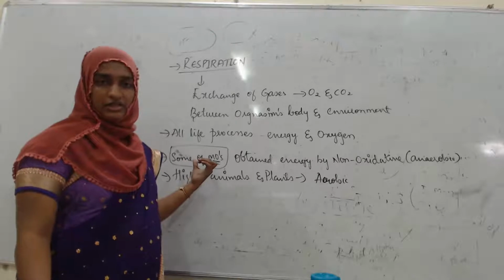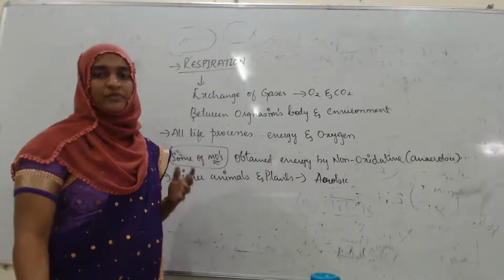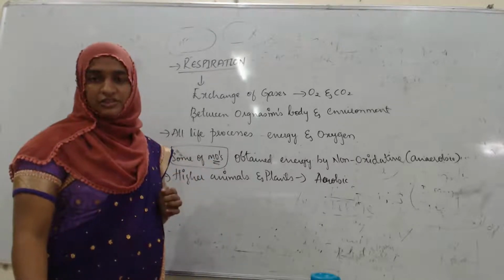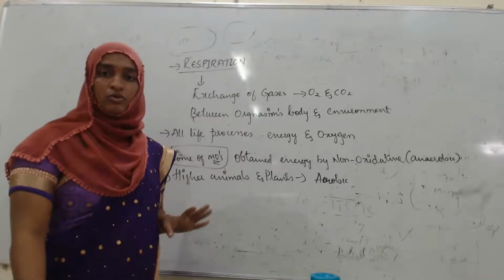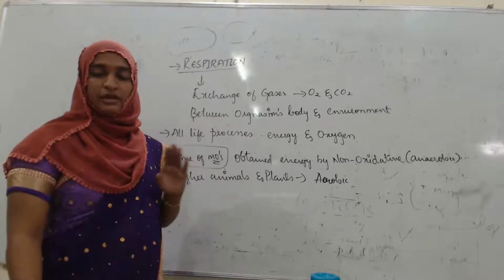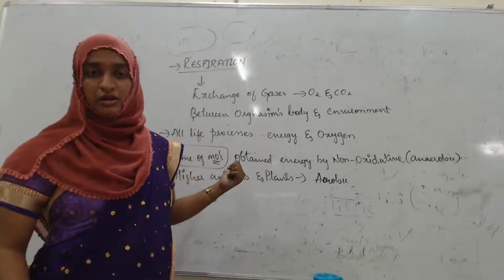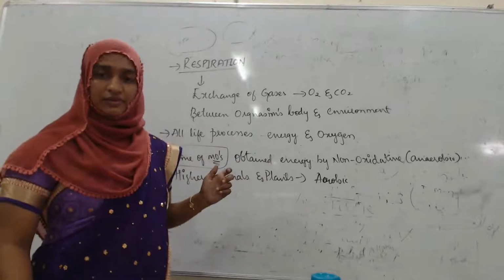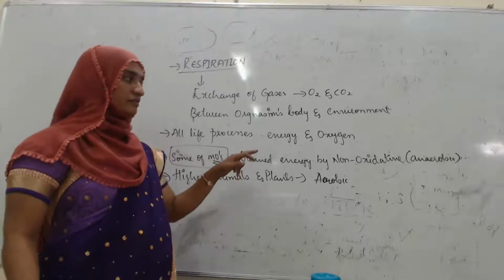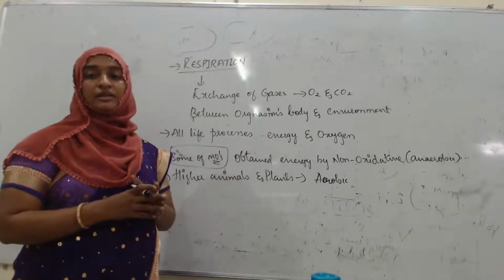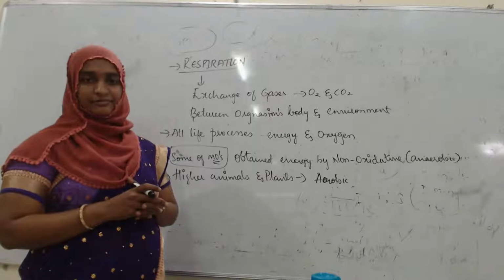Some microorganisms, such as some bacteria, can survive without oxygen. If there is no oxygen in the environment of that particular organism, then only they survive without oxygen, and we call them anaerobic organisms.